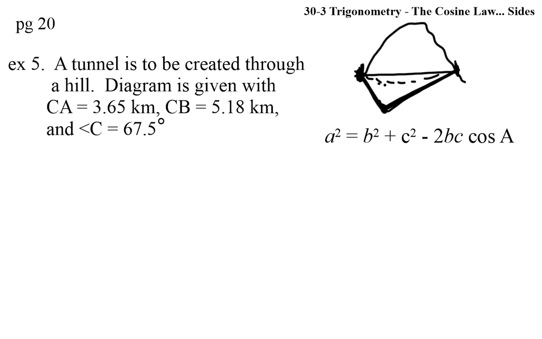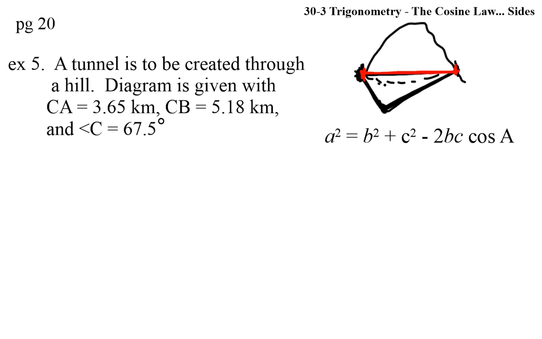And now they create a triangle that they can use the cosine law with, because the length from here to here is what they want to calculate, which they can't because that's through a round hill, but they can get some other measures that are helpful.